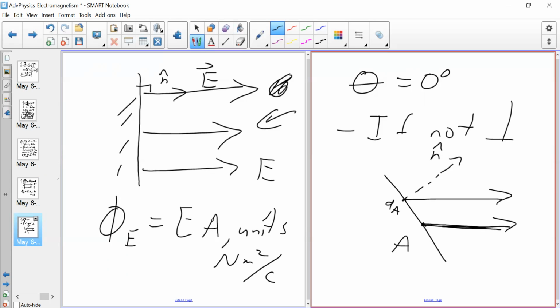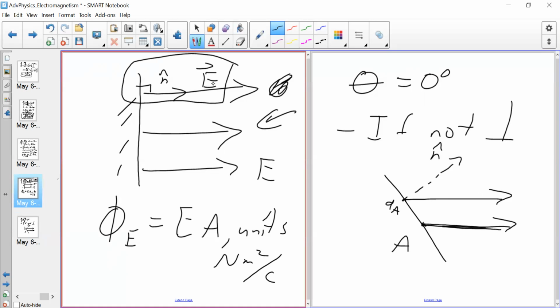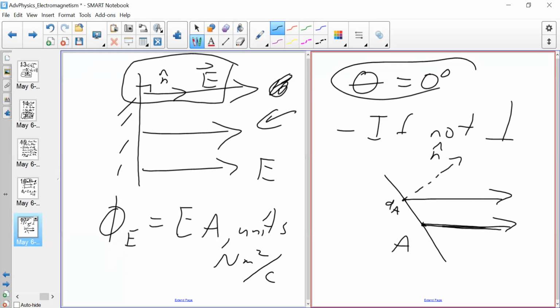We define electric flux as E times A. In this case, it's not perpendicular. The electric field is not perpendicular to the plane. So we have to find the part of N that is parallel to E, because by definition, this E and this N vector must be parallel to each other, angle of 0.